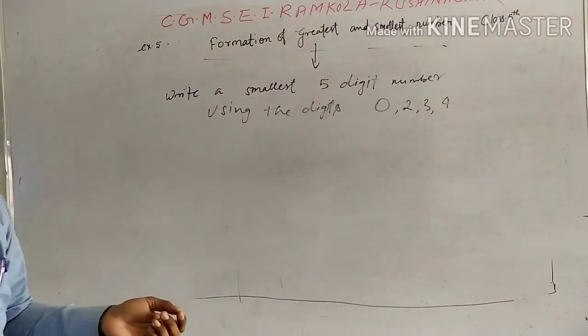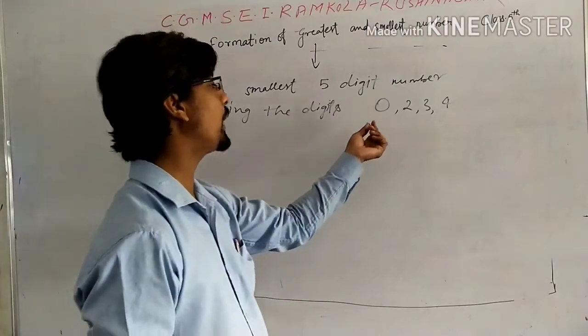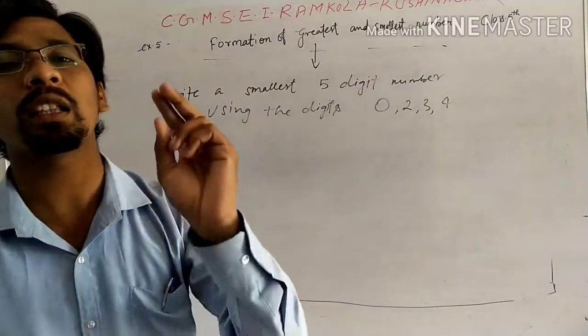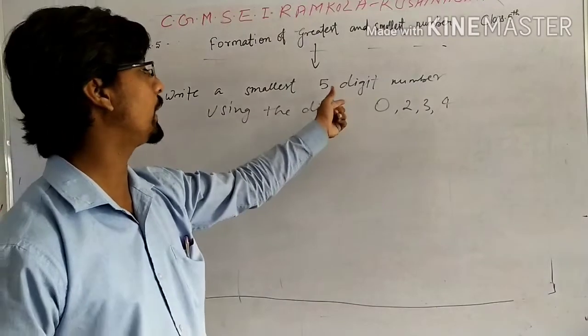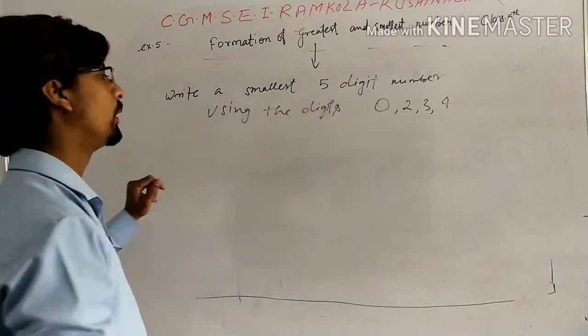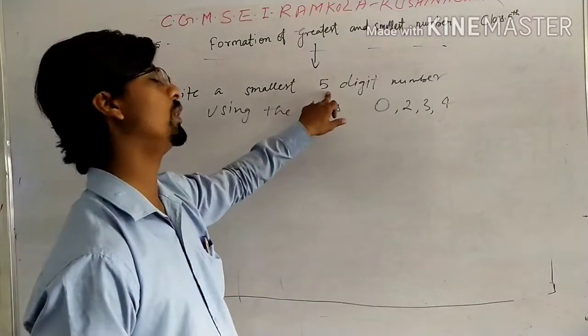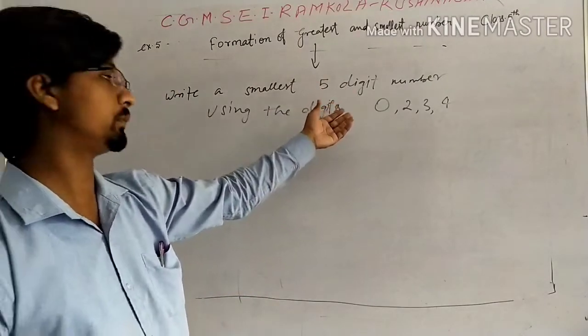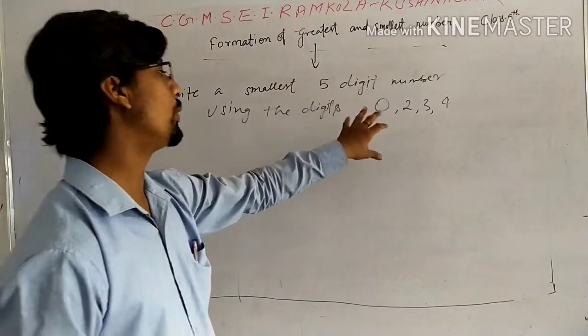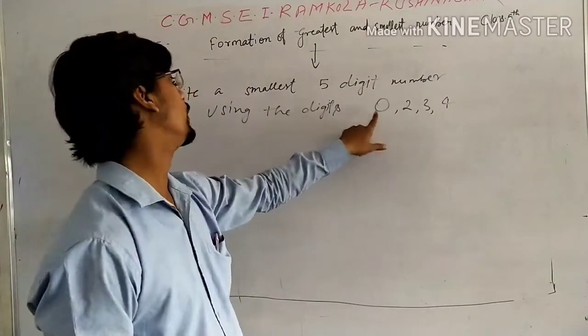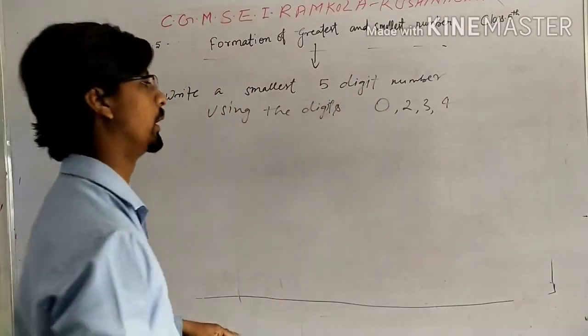Here you can repeat the smallest digit to form the smallest number.